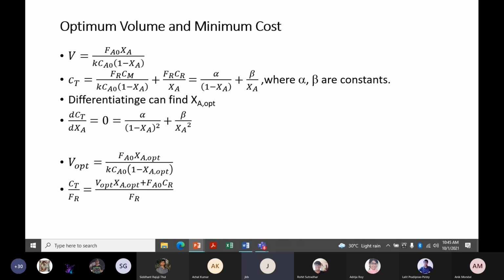In that case we differentiate with respect to M, the independent variable, which may be anything. Here we differentiate with respect to conversion to get the optimum conversion level, X optimum. If we have X optimum, you substitute it in the volume expression to get V optimum.